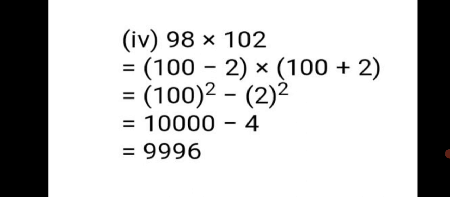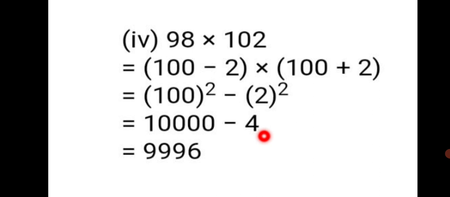Fourth question. 98 into 102. 98 can be written or expanded as 100 minus 2 into 102 can be expanded as 100 plus 2. So we have got them in the formula pattern. a plus b into a minus b is equal to a square minus b square. a is 100, so 100 square. b is 2, so 2 square. 100 square minus 2 square can be written as 10,000 minus 4.